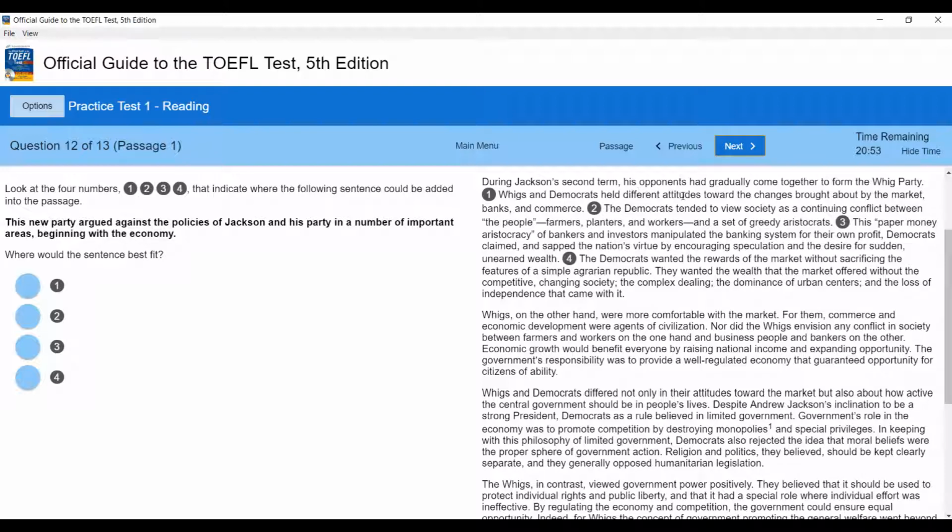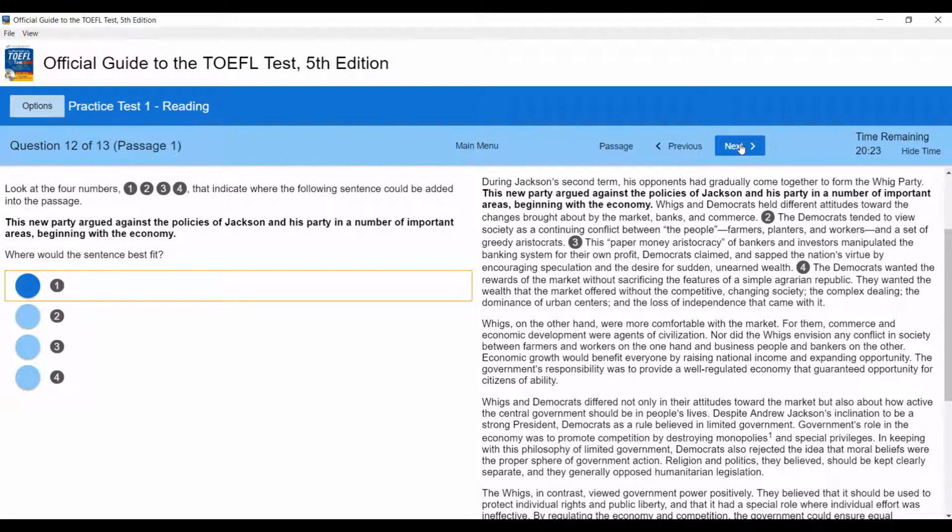Whigs and Democrats held different attitudes toward the changes brought about by the market, banks, and commerce. So that's the economy. So I would go with number one as saying that it fits there. These other options, it doesn't. Like greedy aristocrats, that's not a party. Desire for sudden change, that's not a party. So I would go with number one.